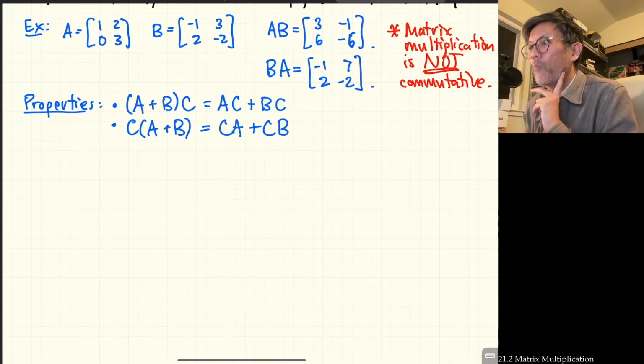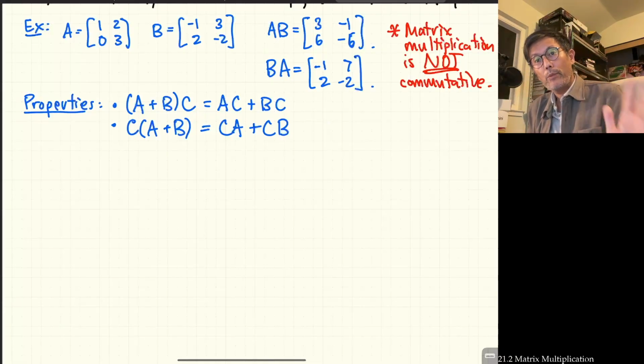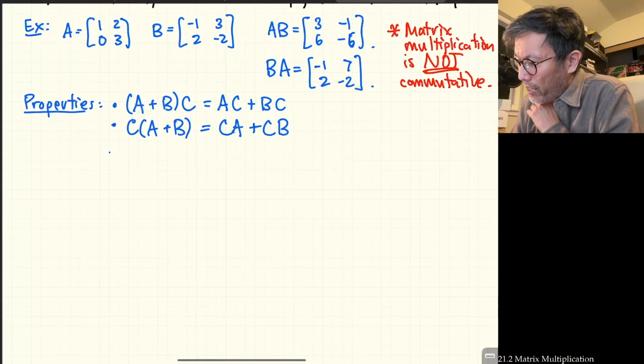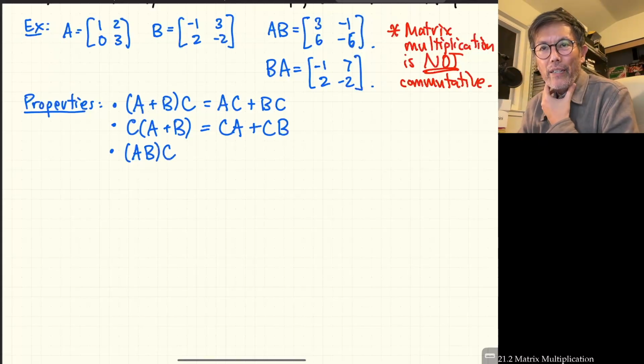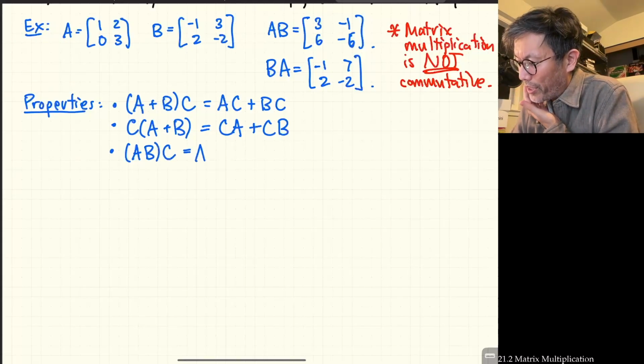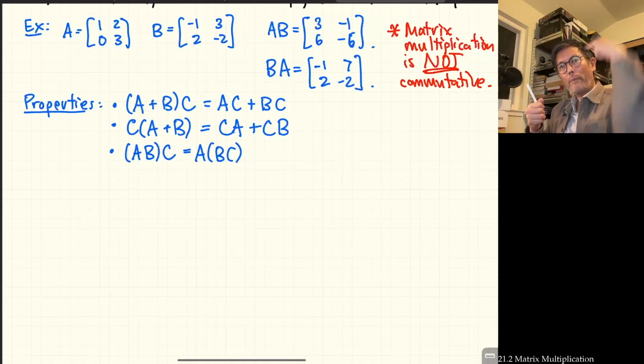All right. What else? Matrix multiplication might not be commutative, but it is something called associative, meaning that if you have something like A times B times C, this is the same thing as doing A times (BC), where you do BC first, then multiply by A on the left.